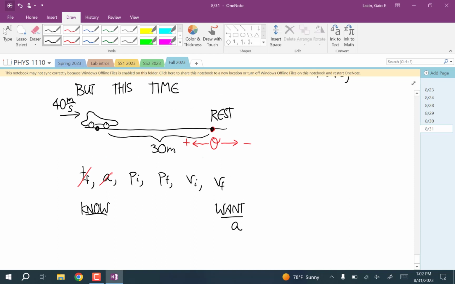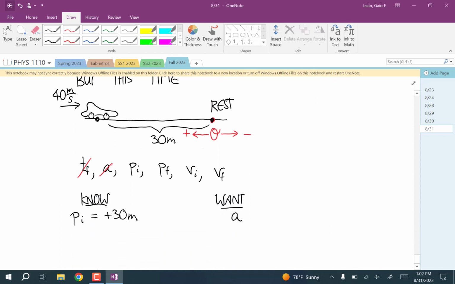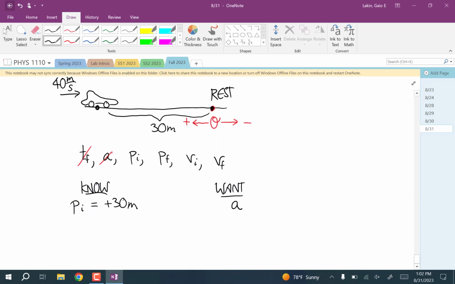So now what's the position at time equals 0? Yeah, exactly. If you start at 0 and go 30 meters in the positive direction, your P initial now is positive 30. What's the position at time final? 0, perfect.